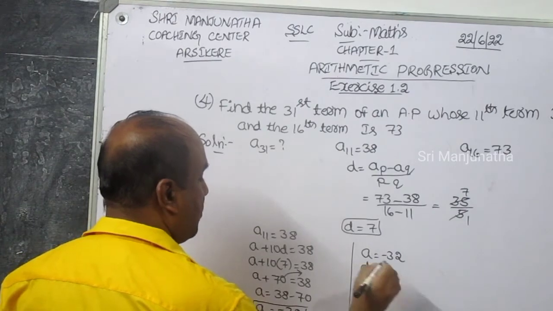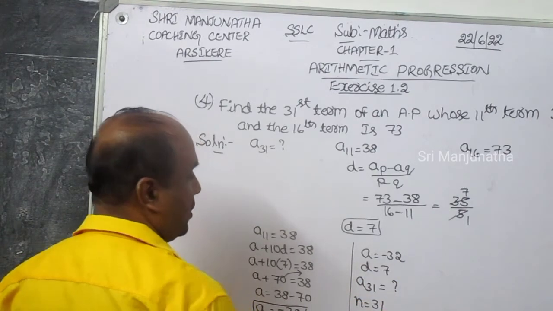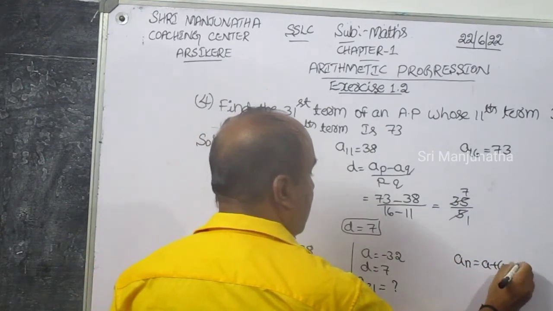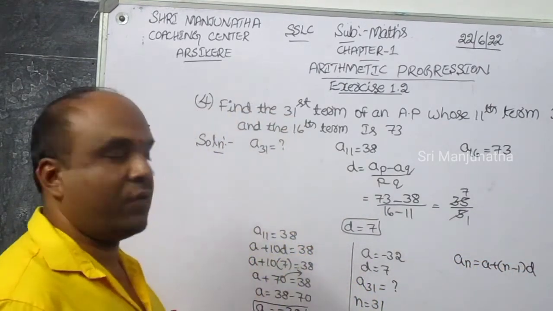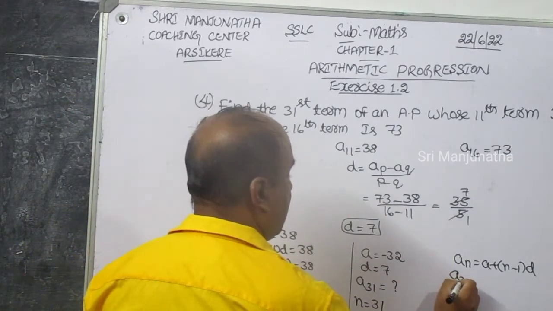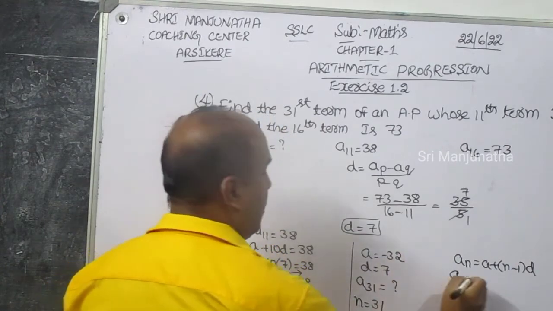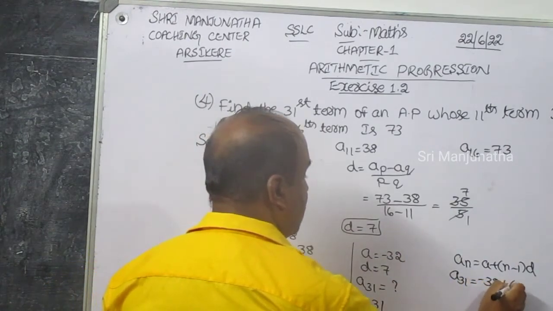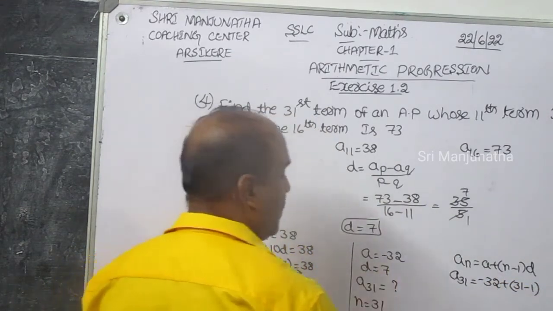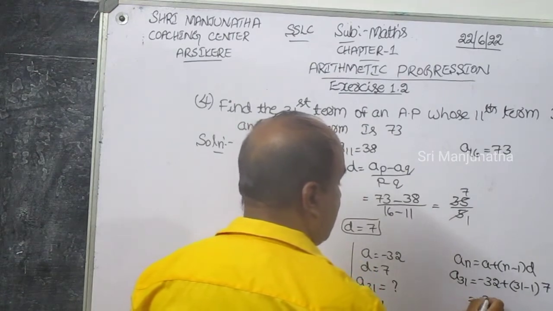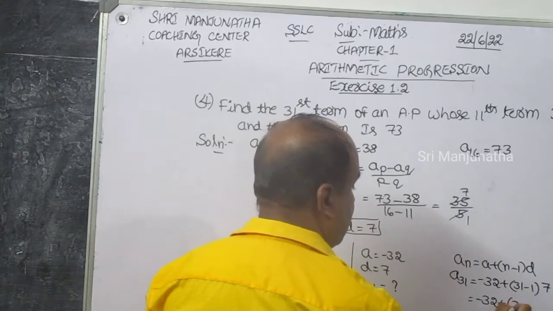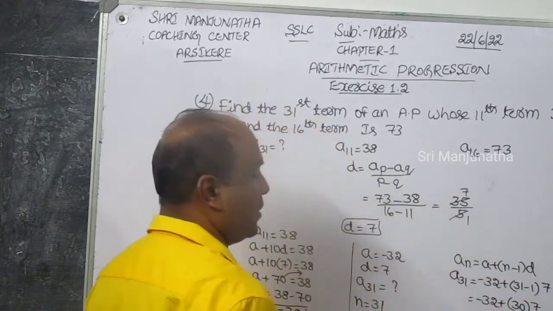D equals 7, and we have to find out A31. A31 is equal to question mark. N equals 31. The formula is AN equals A plus (N minus 1) into D. A31 equals minus 32 plus (31 minus 1) into 7.